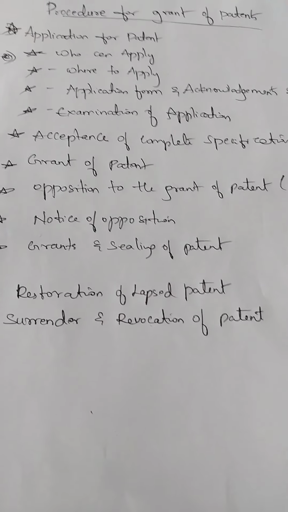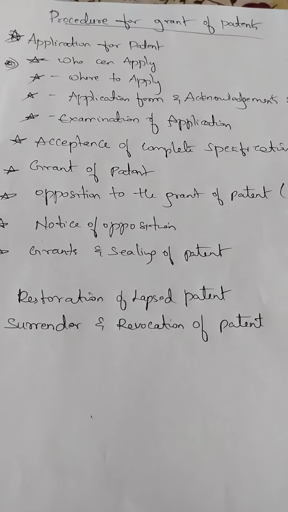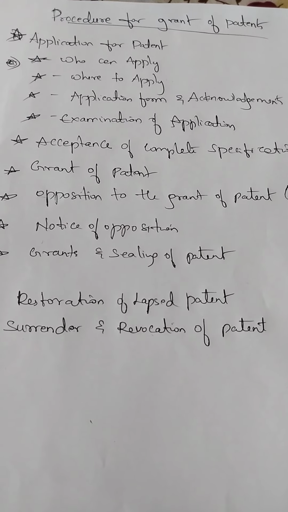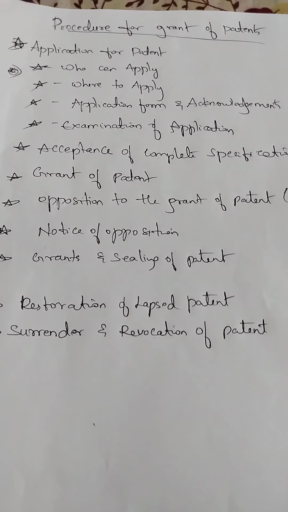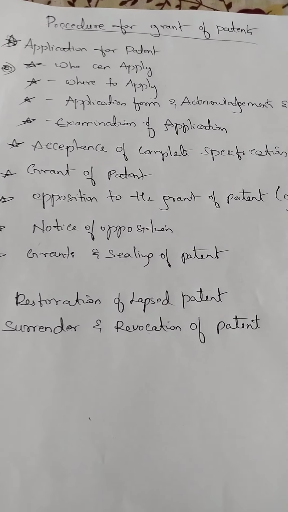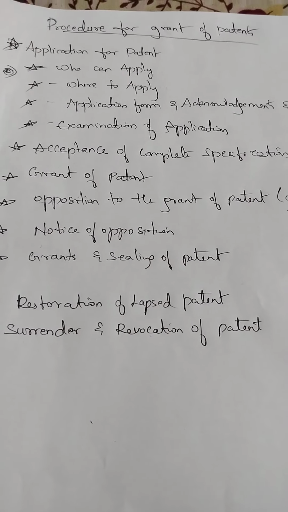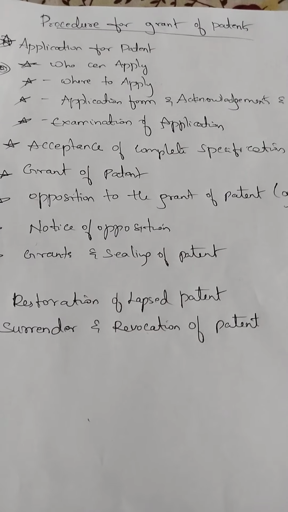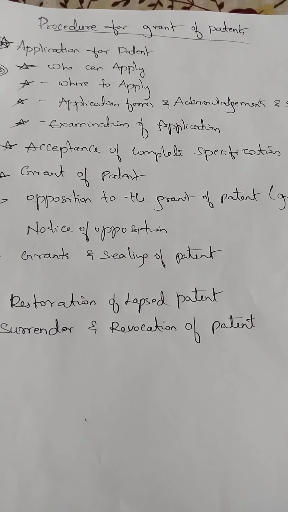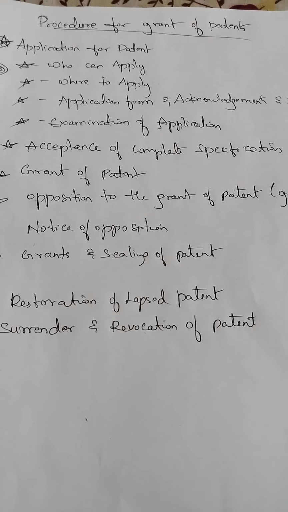Once the complete specification is accepted, the controller shall advertise this acceptance in the official gazette. The official gazette is nothing but the official magazine of the patent office. The patent office will periodically publish its official magazine, which keeps advertising their applications, inventions, methodologies and things like that.